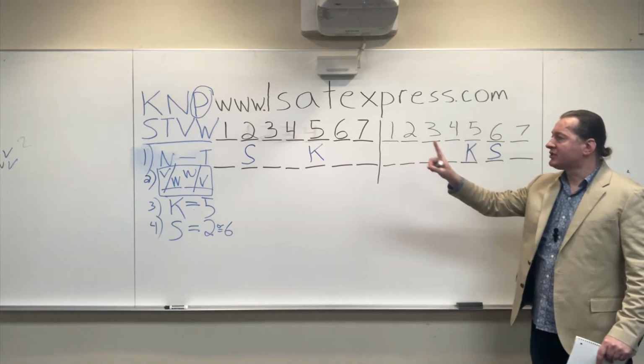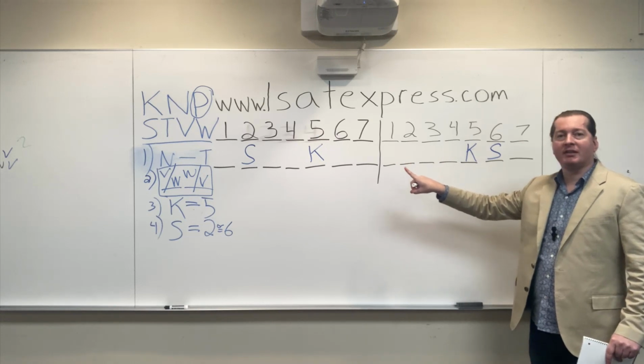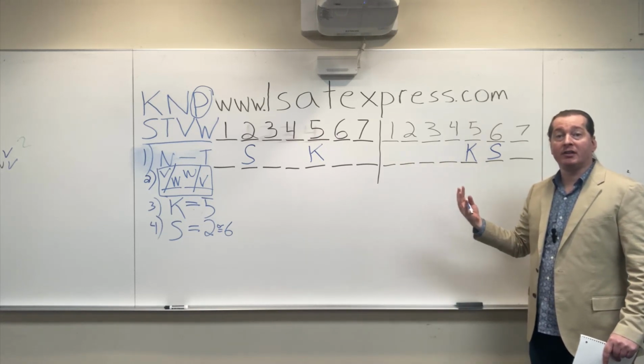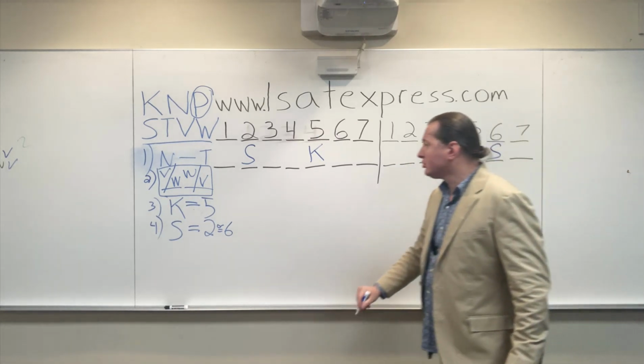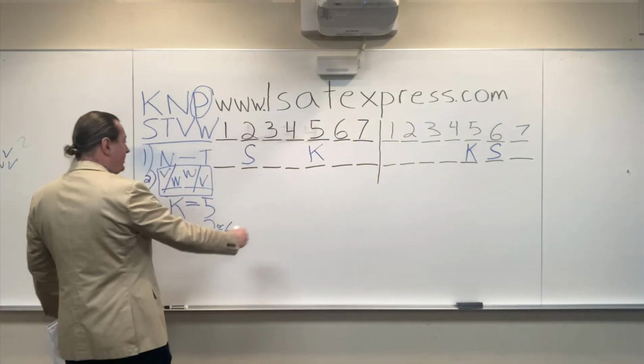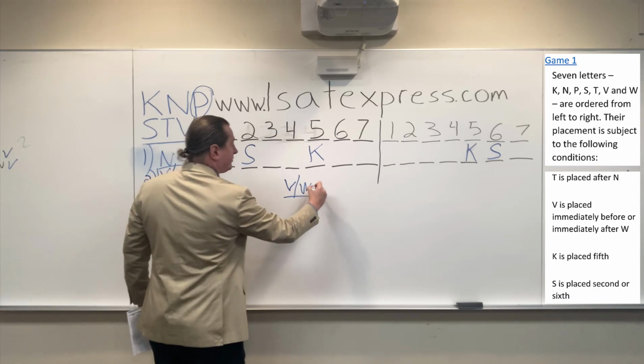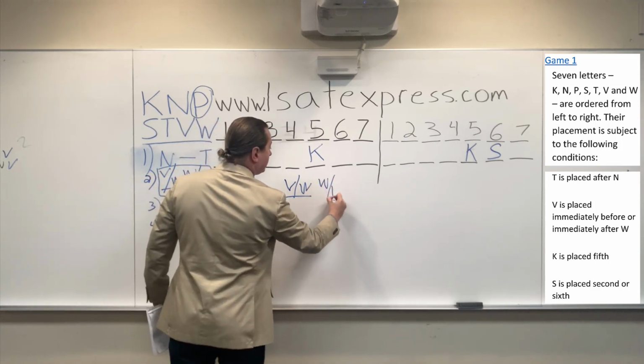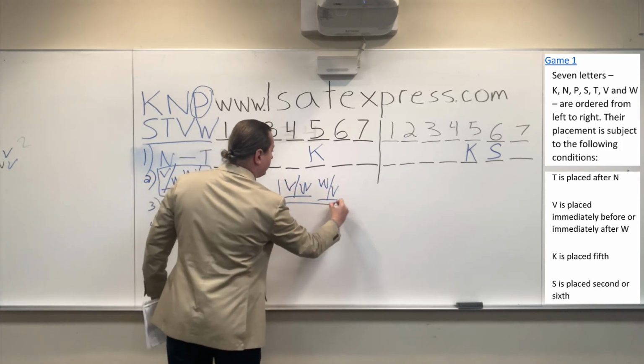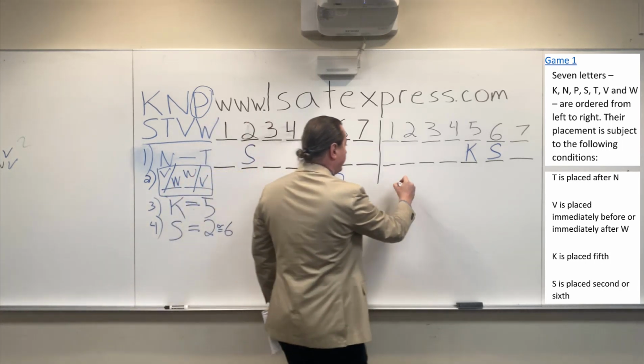Now, let's look at the rules, see how we can blend them into the diagram, how we can build them in, see if there are any deductions we can make. So, of course, rule 2, this WV block, this VW block, we'll write it here. Write it in scenario 1, write it in scenario 2.